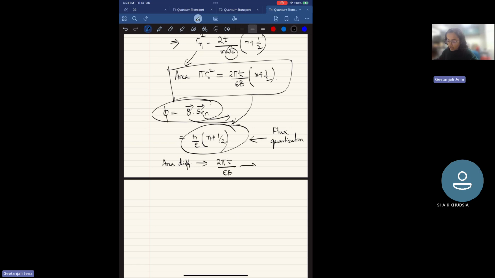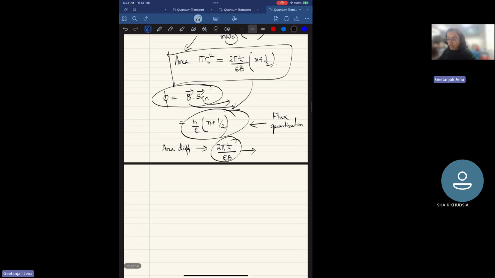So this is also constant for a given B. We have seen that the area difference in the k space was also constant, but it increases linearly with B. Now for the real space, it decreases inversely with respect to B. And if you take the product of the area difference in real space and momentum space, it will come out as 4 pi squared. So it is like a Heisenberg uncertainty relation that we can derive for this case.